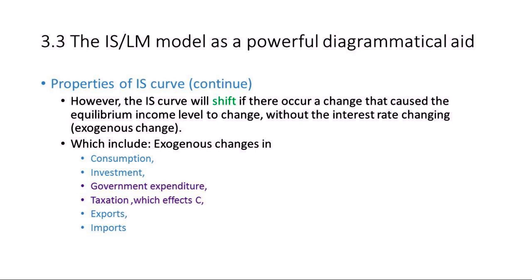The curve as a whole can also shift, and it's typically moved by changes in the exogenous components. So if exogenous consumption, investment, government spending, taxes that work via consumption, exports or imports would change, that would cause the whole IS curve to shift either to the left or to the right, depending on the kind of change.